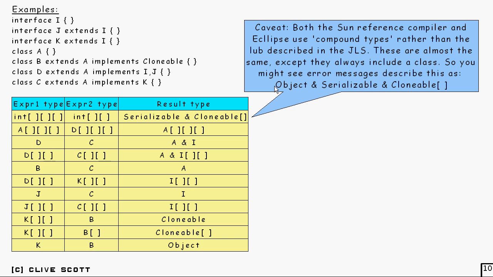If you get an error message that says you've got a type mismatch or something, it will sometimes tell you what the type is, and sometimes you'll see this and think, why has it got Object in there? It's not necessary. And I think that's about it.